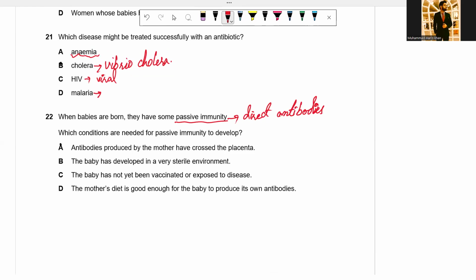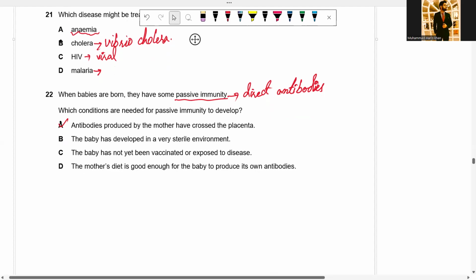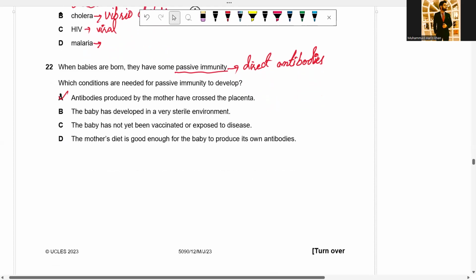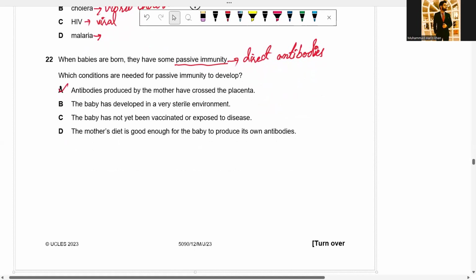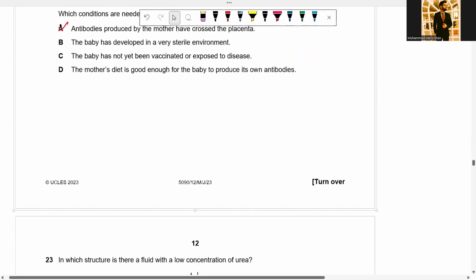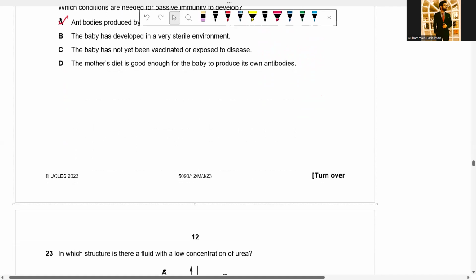So the answer will be A. Antibodies produced by the mother have crossed the placenta. It is also passive immunity. Option B: the baby has developed in a sterile environment. No, the baby has not yet been vaccinated or exposed, and the mother's diet is good enough. No. So the appropriate answer will be A.